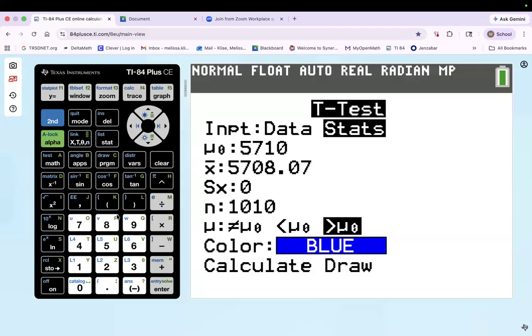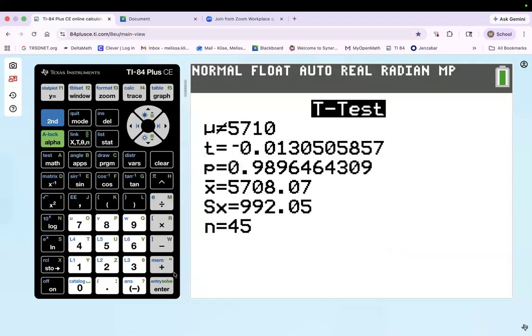This is the actual sample standard deviation, not the sub X bar one. So it gives us 992.05. This one is easy because it's not equal to. Just pay attention to whether the null hypothesis, the number, is being eaten or pointed at, or not equal to. Go down to calculate and hit enter.